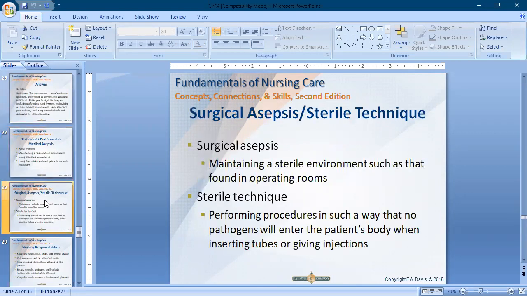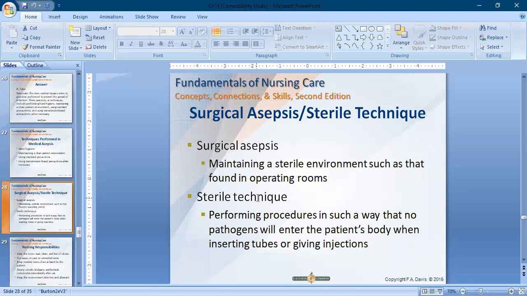Then surgical asepsis, we call it the sterile technique, maintaining a sterile environment such as is found in the operating room. We make sure it is free from all kinds of pathogens and their spores.